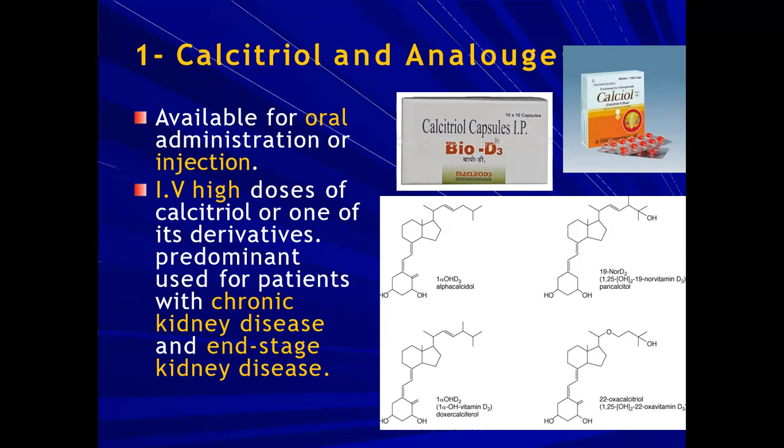They are predominantly used for patients with chronic kidney disease and also end stage kidney disease, because in this case the kidney is not producing vitamin D, and again the kidney is not reabsorbing calcium in the body. So this one is very important in end stage kidney disease.